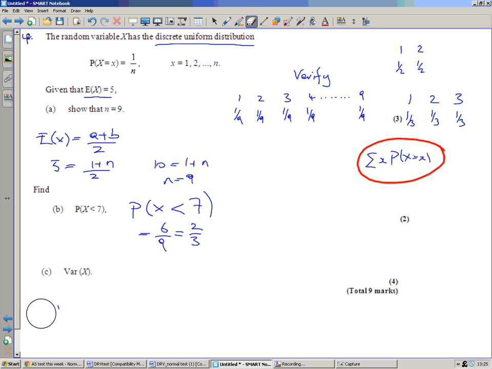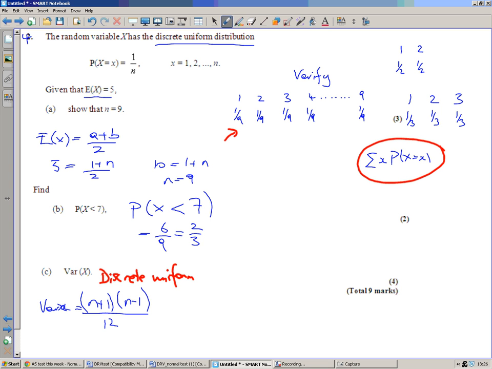Right, now the variance of X: two possible approaches. One, there is actually a formula for the variance of a discrete uniform distribution which starts at 1, and that is the variance of X is equal to (n plus 1)(n minus 1) divided by 12. The only problem is you're going to have to remember that.